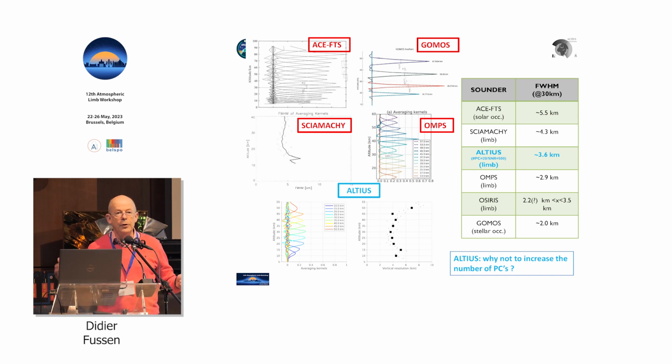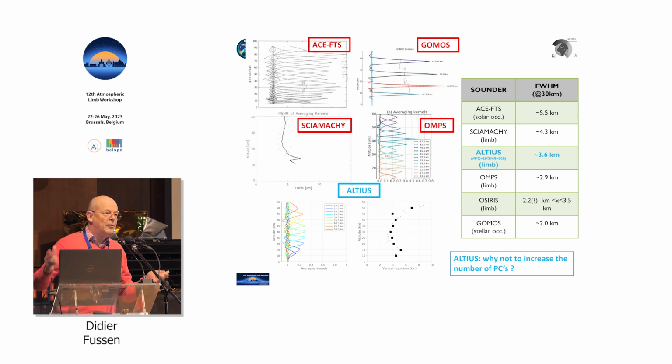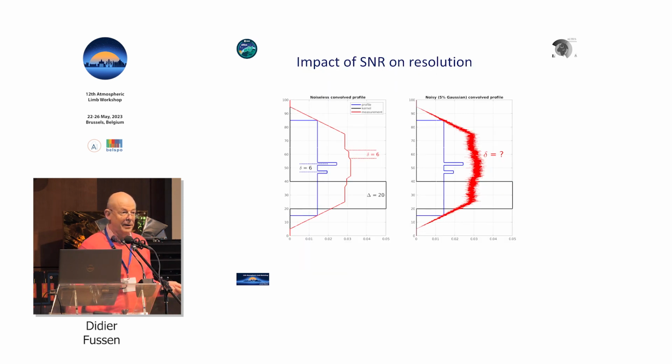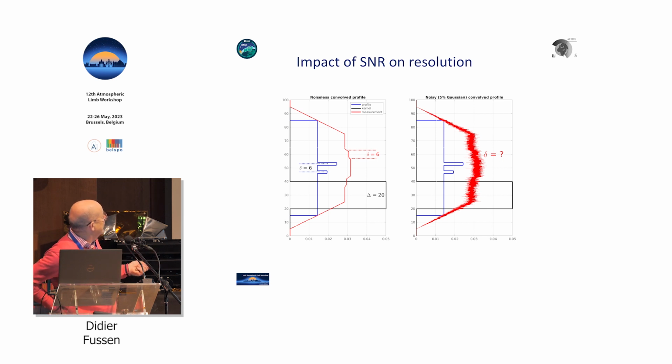So you could ask, why don't you increase the number of principal components to increase your vertical resolution? By an example, I will re-explain with this slide that you may have a profile with small details that you convolve with a broad sampling instrument, and the convolution of it still has the trace of this, so it can resolve these fine details.